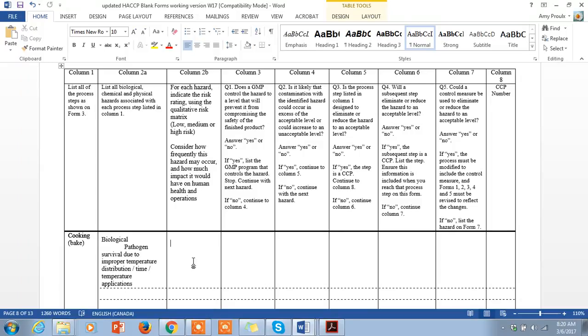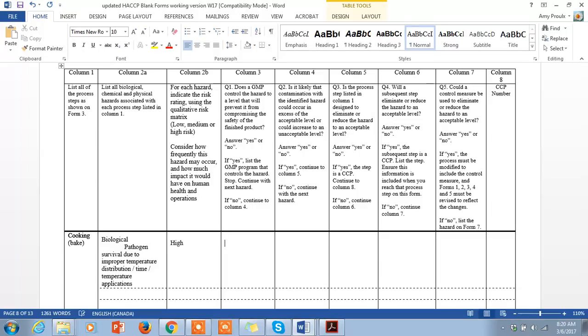And the likelihood of that bacteria causing illness that is reasonably severe is pretty good. Salmonella is going to cause a high level of gastric distress. It's unlikely it's going to kill people, but it is going to cause a high level of distress in the population, and the prevalence of it within the product is extremely high. So I am going to say it is a high risk.